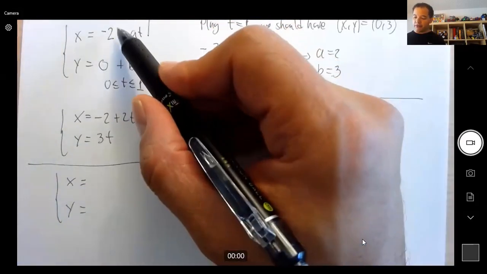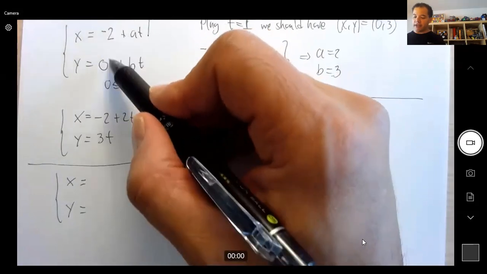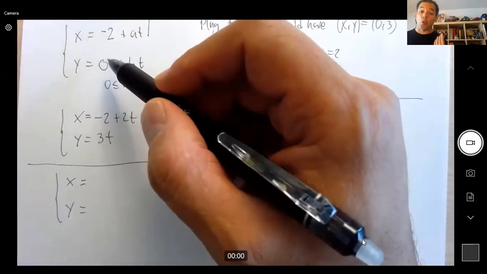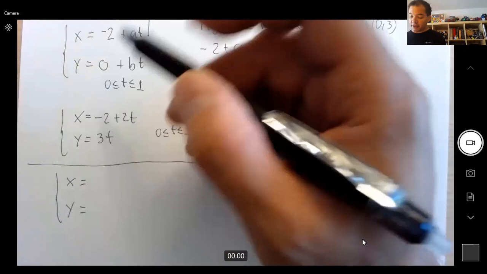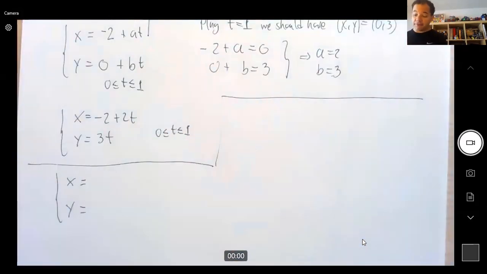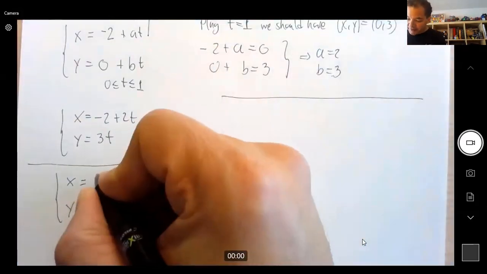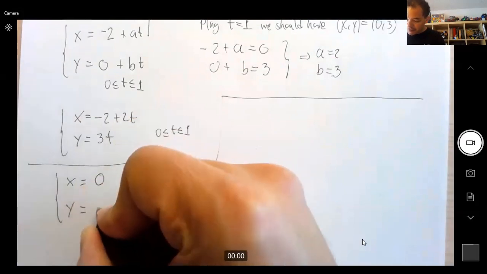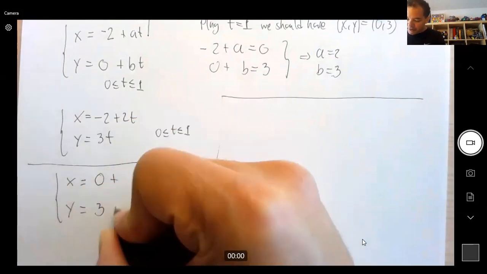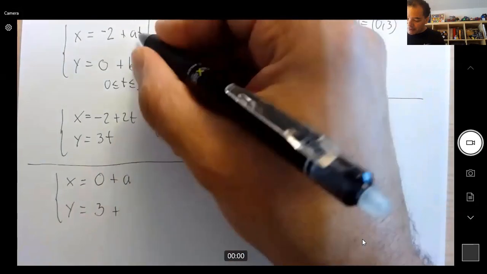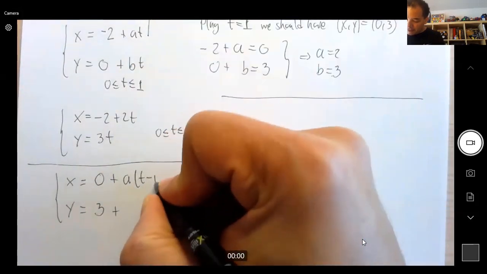I cannot write simply 0 and 3 here, because then that would be at 0 seconds, right? Or I can if I do the following. So look, this is the trick. The trick is to write still the same numbers here, but now we're gonna multiply not by t, but by t minus 1.